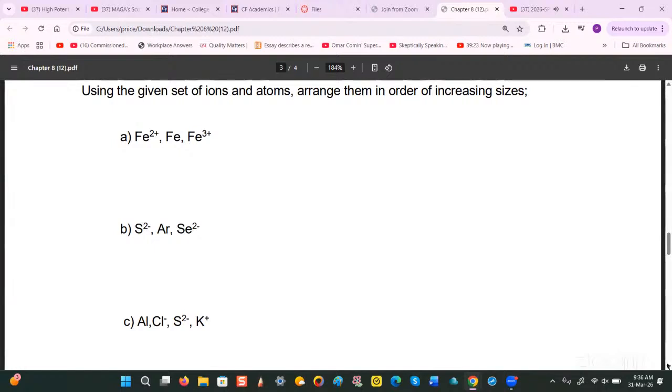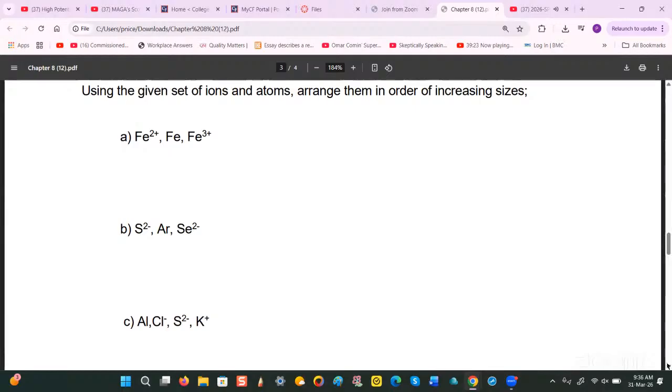Now, the opposite is going to happen as you go down any group, right? If you take, for example, group 1, starting with hydrogen and ending in francium at the bottom, what you'll find is that as you go down any group, the atomic size increases. The reason is that as you go down a group, the difference from one atom to the next is that you're adding a shell, and that shell will have electrons in it.